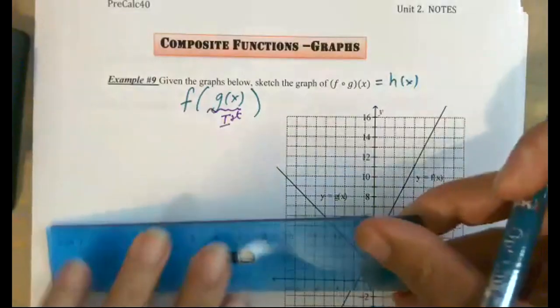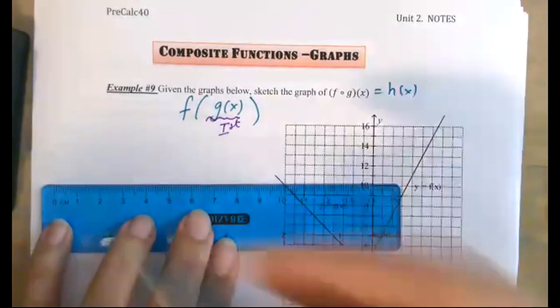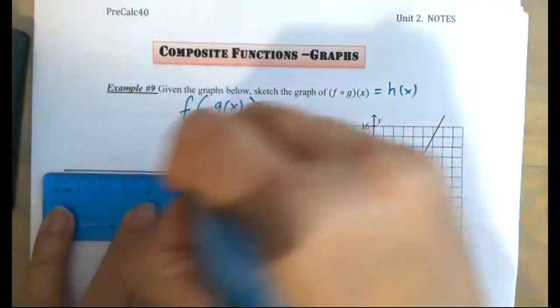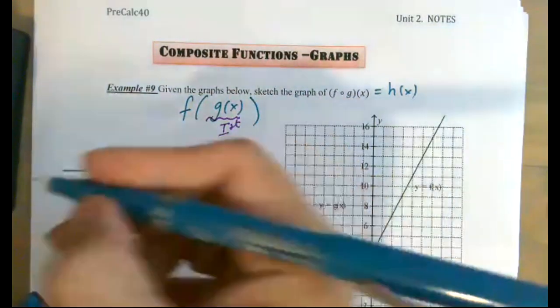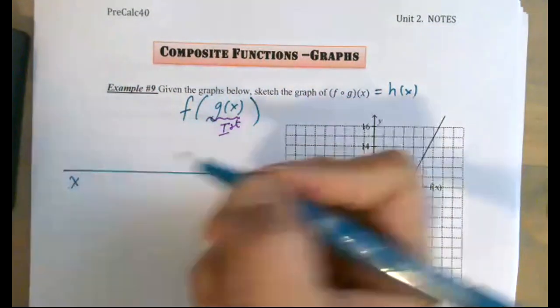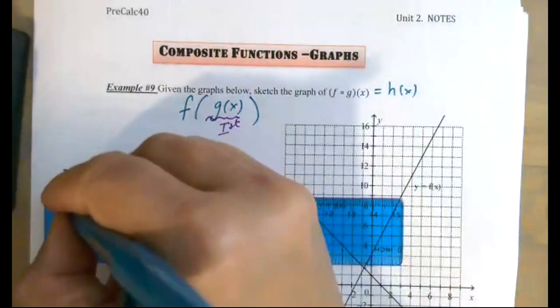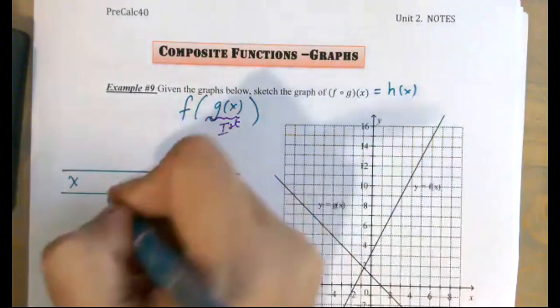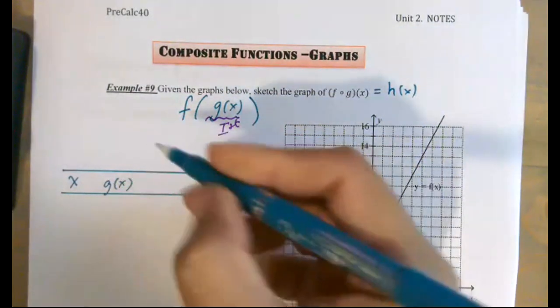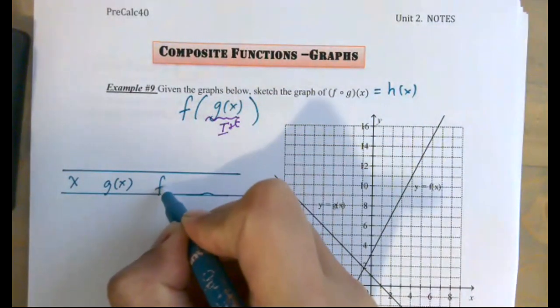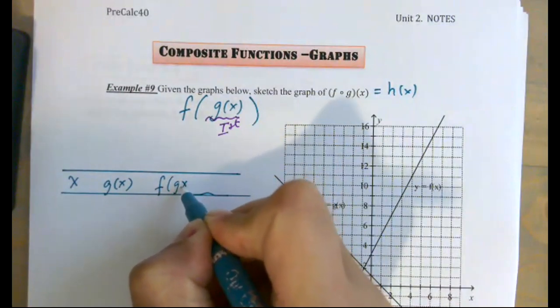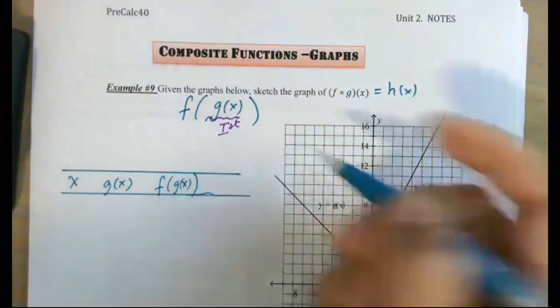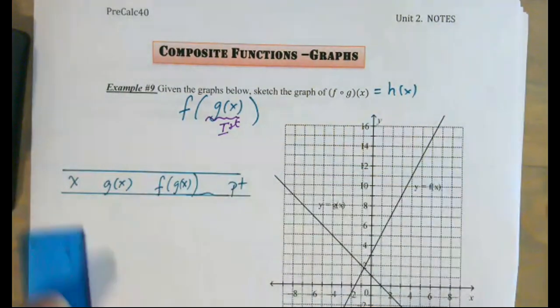So this is how you're going to set up your table for these ones. Your first one is going to be x. The second is going to be g of x. The third one is going to be already f of g of x. And then the point. It's only 4.